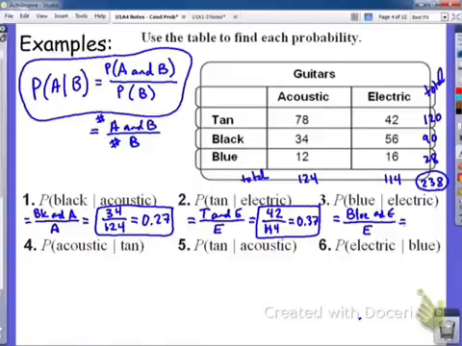So how many are both blue and electric? 16. And how many are just electric? 114. Okay, is this clear? Yeah. Let's leave 4, 5, and 6 for your own practice.